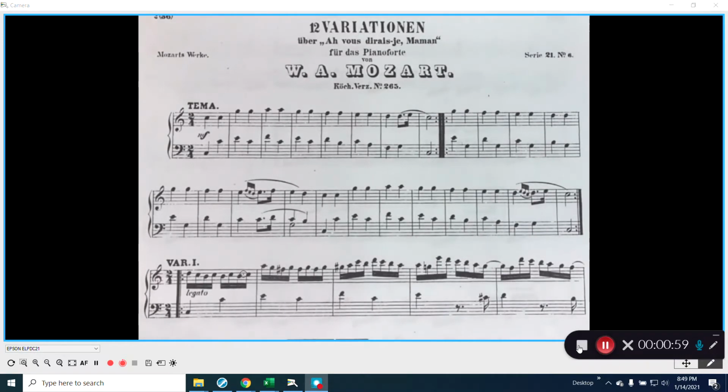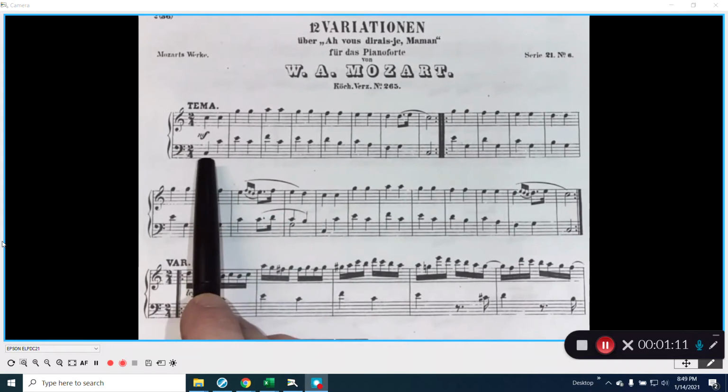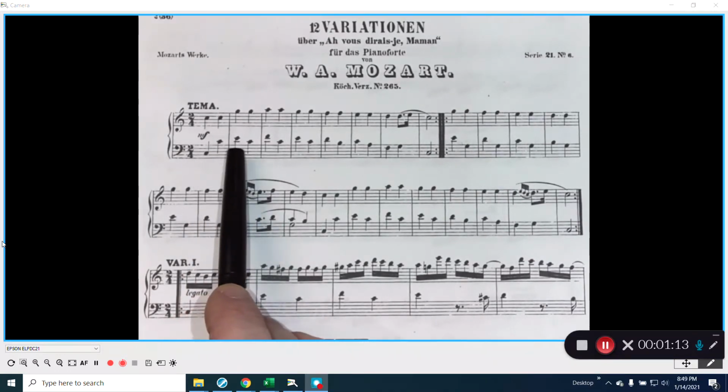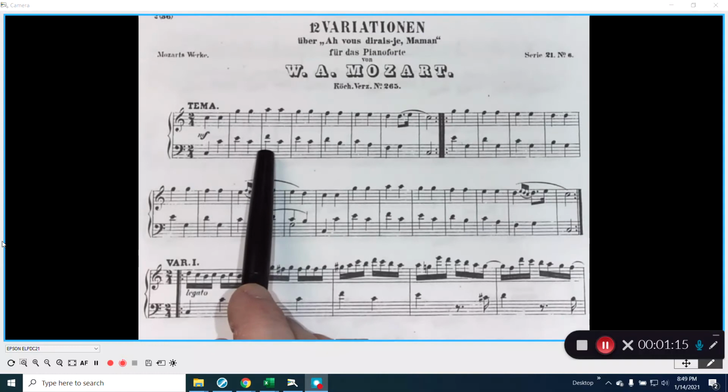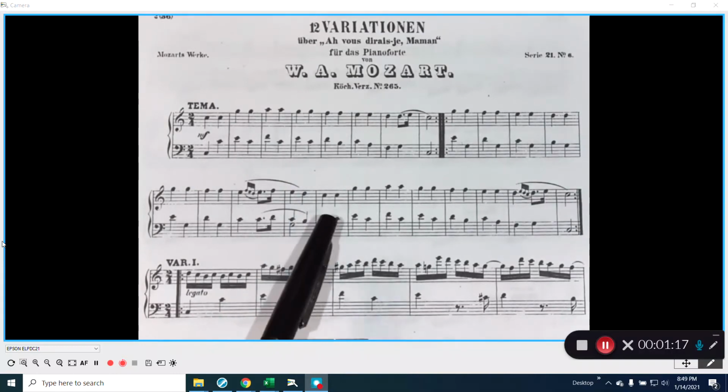We're going to begin with the theme. Upon observation, we notice that the theme is in 2/4 time, and the theme is a familiar theme, and Mozart decides that it would be beneficial to set this to a very simple accompaniment, quarter notes.